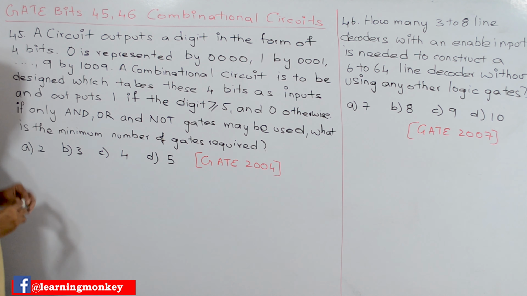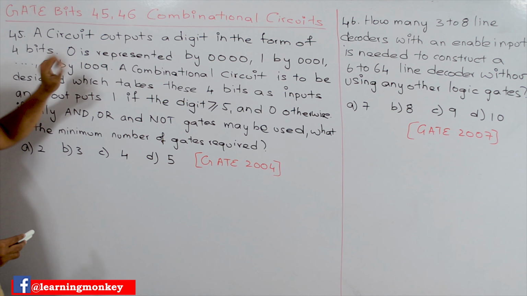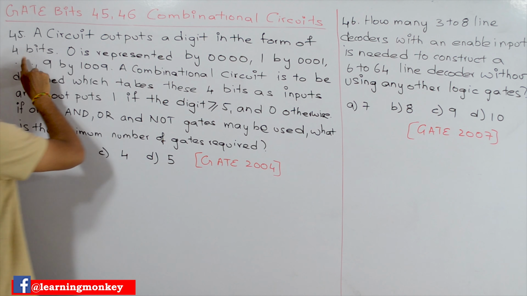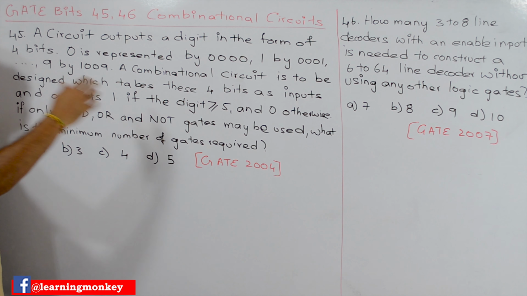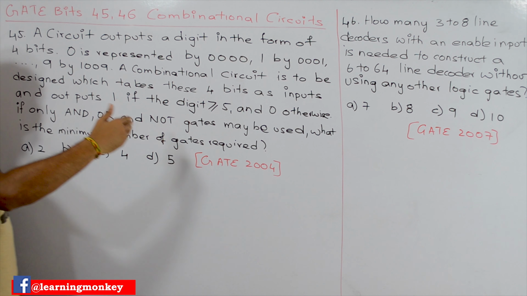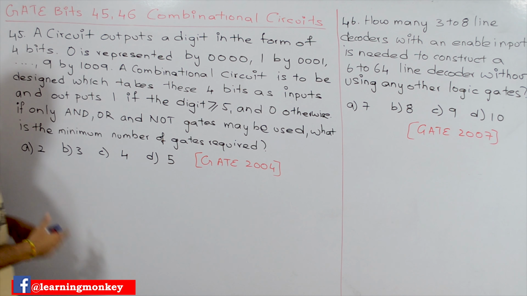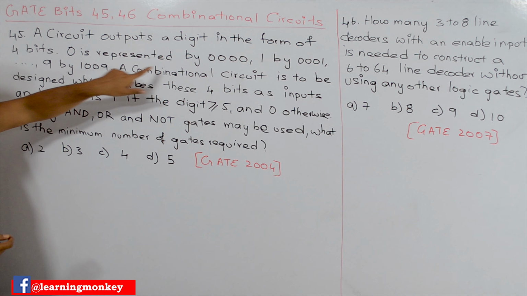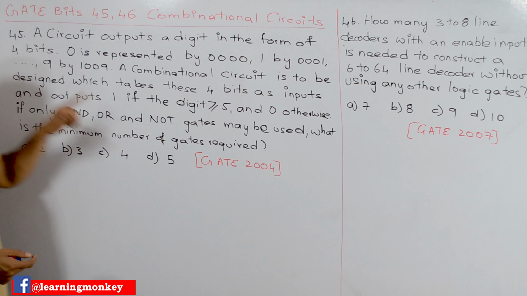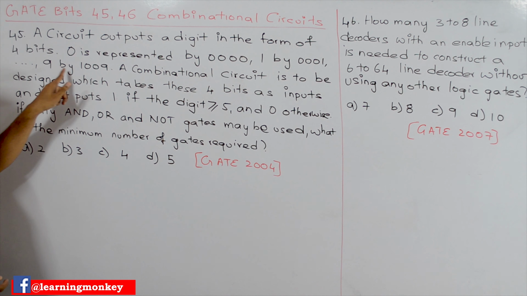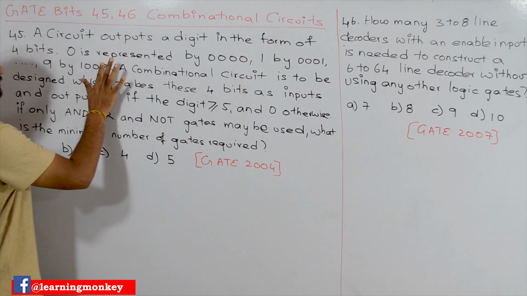Now coming to this class, a circuit outputs a digit in the form of 4 bits. So a combinational circuit has been created, and that circuit has to produce the output in 4 bits. 0 is represented as 0000, 1 as 0001, and in the same way 9 by 1001.